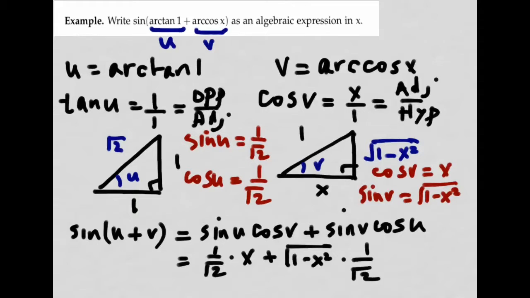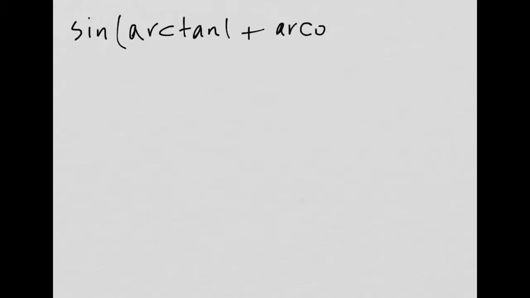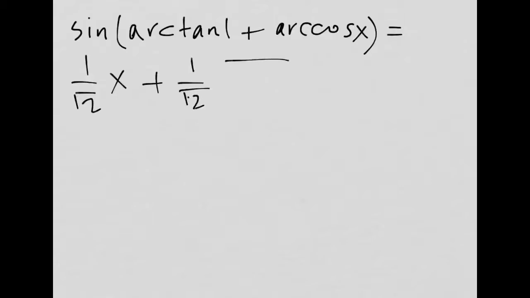We have our final expression for sine of arctangent 1 plus arc cosine x. Let's rewrite that. Sine of arctan 1 plus arc cosine x is 1 over root 2 times x plus 1 over root 2 times square root of 1 minus x squared.